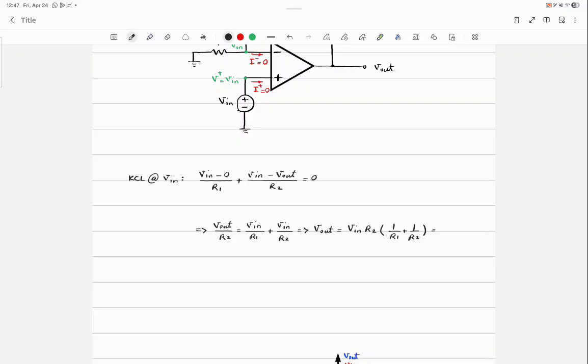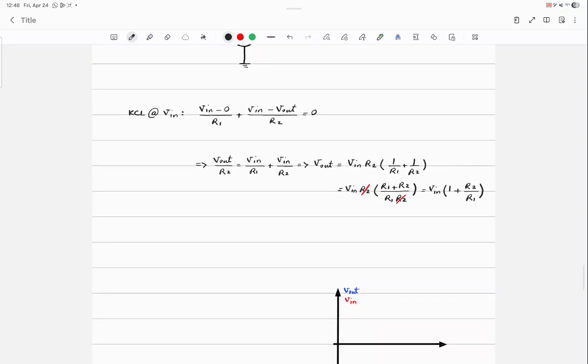If you do the common denominator inside the parentheses, it's R1 plus R2 divided by R1 R2, right? Then you cancel out these two, and you will get V in multiplied by 1 plus R2 over R1.